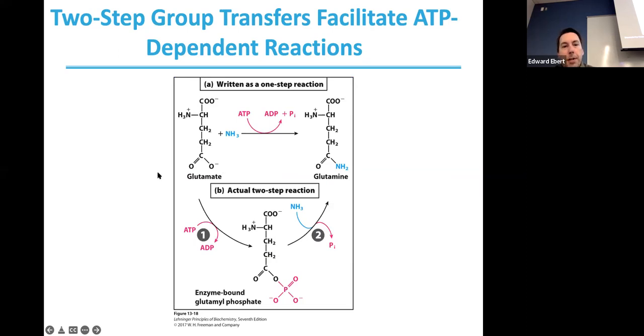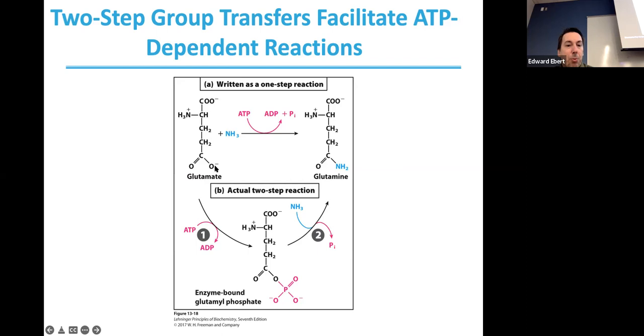A lot of times we write things as a one-step reaction. Here we have glutamate, and we're going to convert that to glutamine. We basically add this amino group to it, and look, we got glutamine. We write that for convenience as a one-step reaction, but what really happens is we require ATP for this.